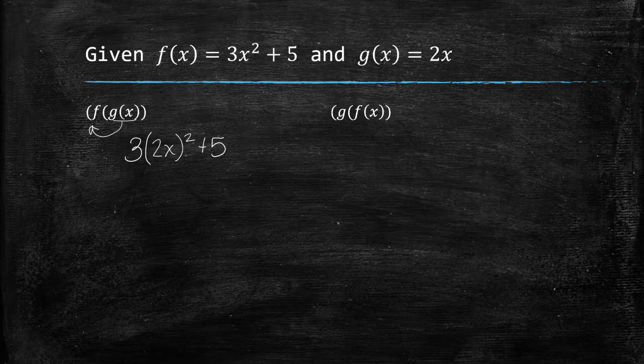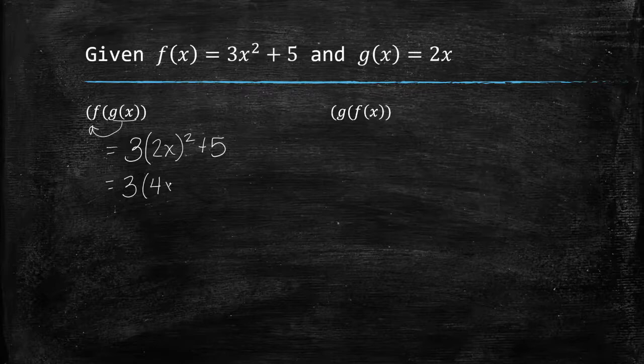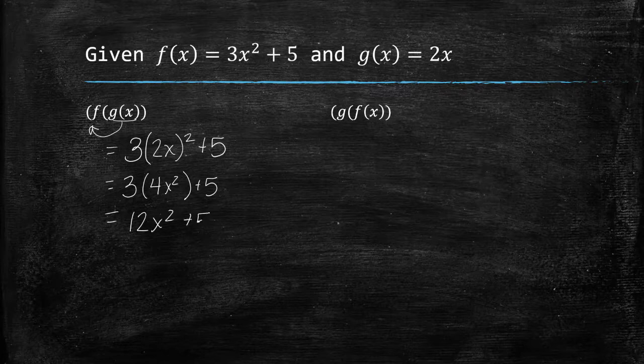Notice I took the x out and I put in 2x instead. Now I'm just going to simplify. When I square 2x, I get 4x squared. I'm going to multiply that by 3. I can't add 5, so my answer is just 12x squared plus 5.